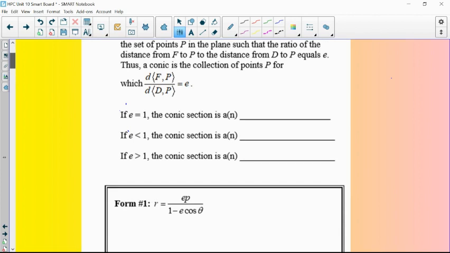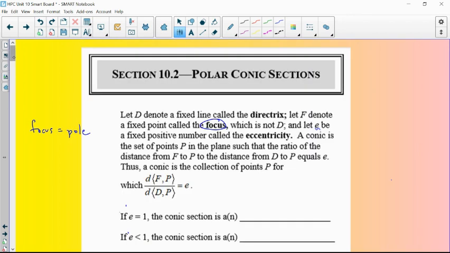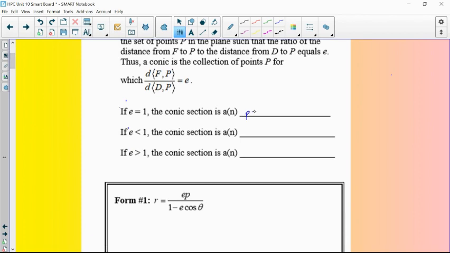Now, if that constant ratio is equal to 1, our graph is going to form a parabola. If that ratio is less than 1, it's going to form an ellipse. And if it is greater than 1, it'll form a hyperbola.